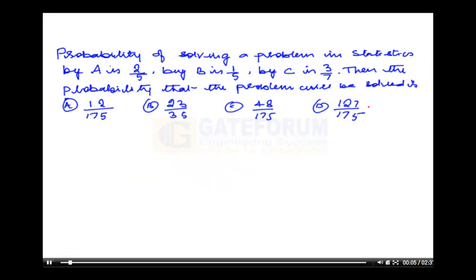Probability of solving a problem by A is 2 by 5, means P(A dash), not solved by A, is 3 by 5. Similarly, the probability of solving the question by B is given as 1 by 5.